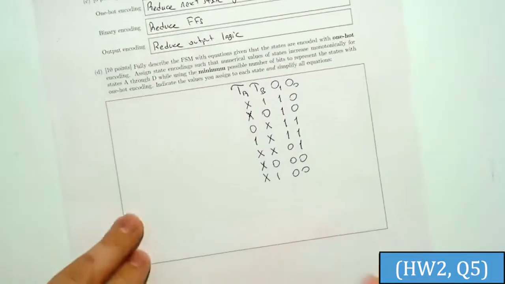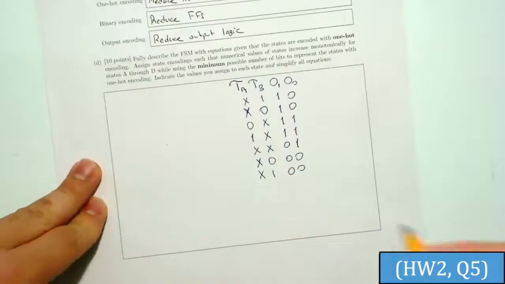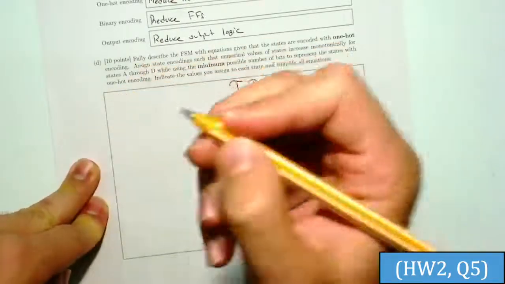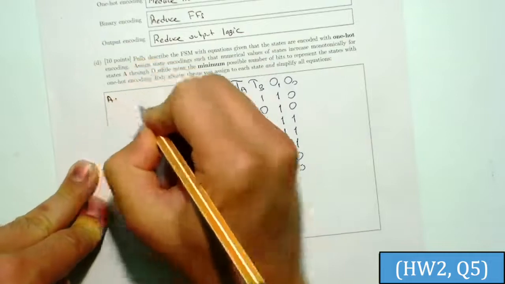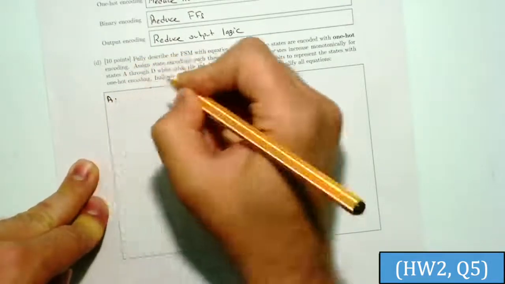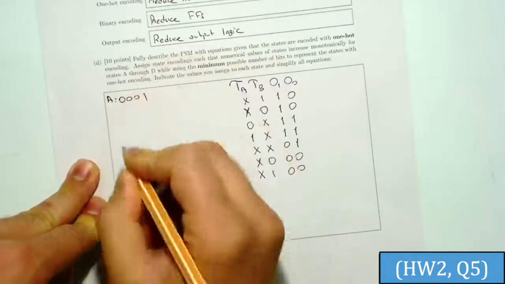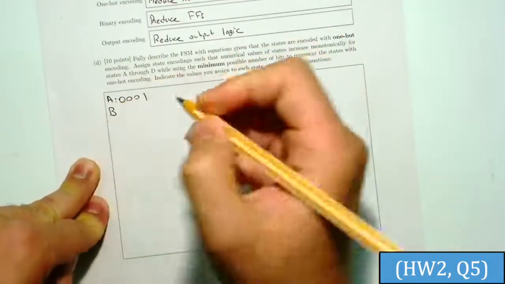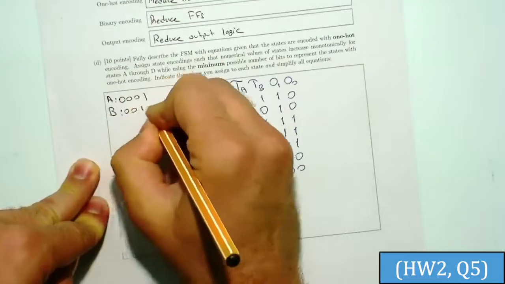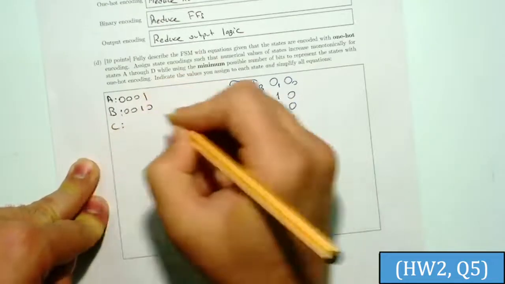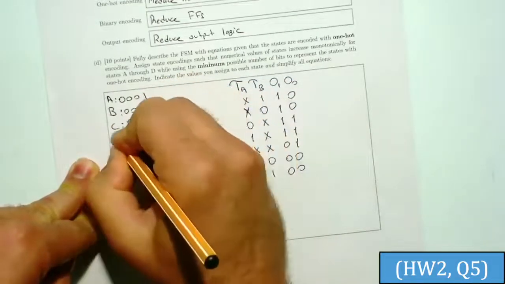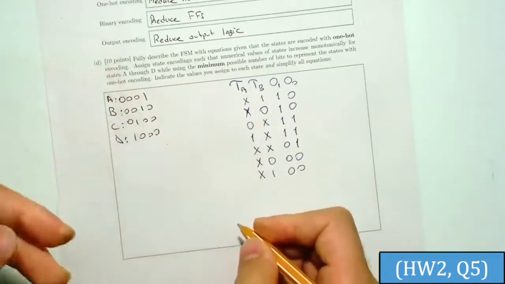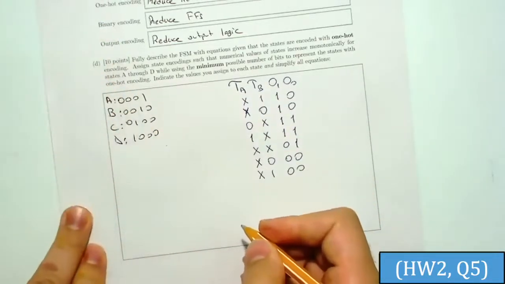For the one-hot encoding, I'm going to represent each state using a single bit. So for example, I can represent A with the least significant bit, then B as follows, C, and D. All right, so every state is represented by a single bit.